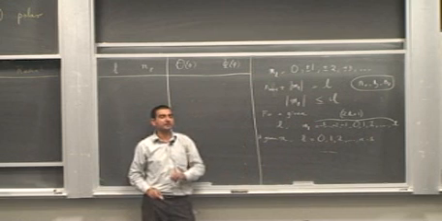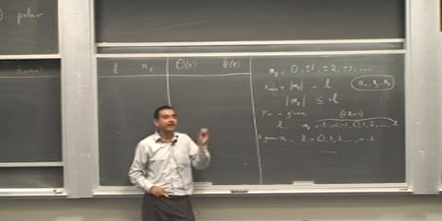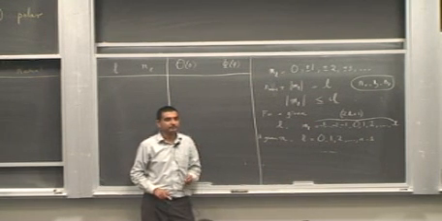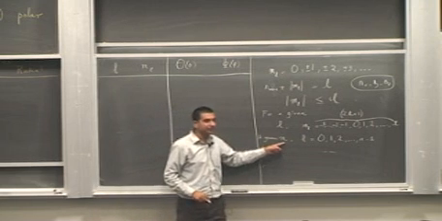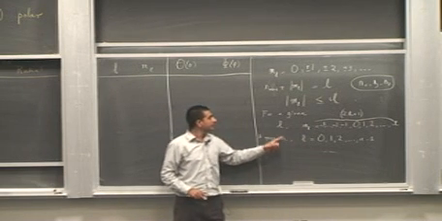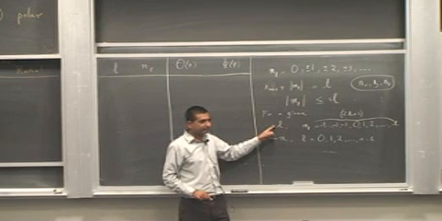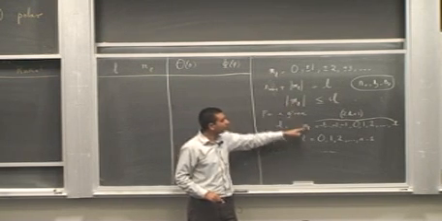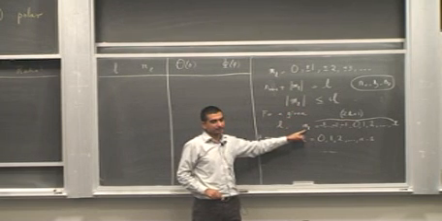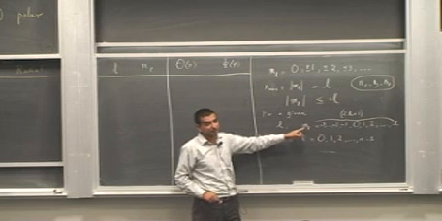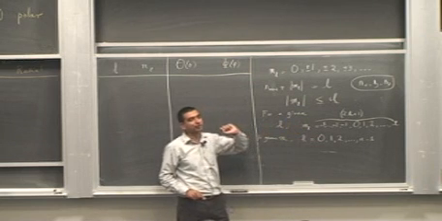So we have 3 quantum numbers, n, L, and ml. n is called the principal quantum number, L is called the azimuthal quantum number, and ml is called the magnetic quantum number. And each one of them has a physical significance which we will discuss shortly.